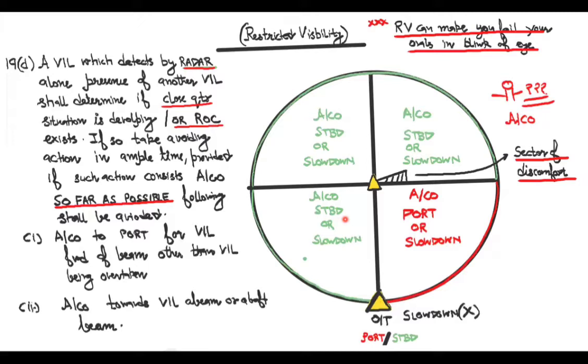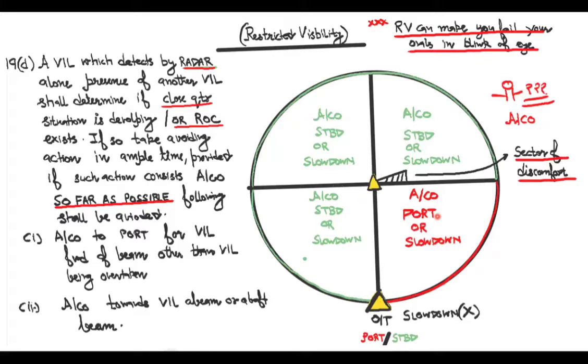It is at the beam or above the beam. So in this case, if it is above the beam, you should not alter towards the vessel. So in that sector, you go to starboard. If I move the blip to the beam, in that case again you will not go towards the vessel, you will go opposite. So you will again go starboard.